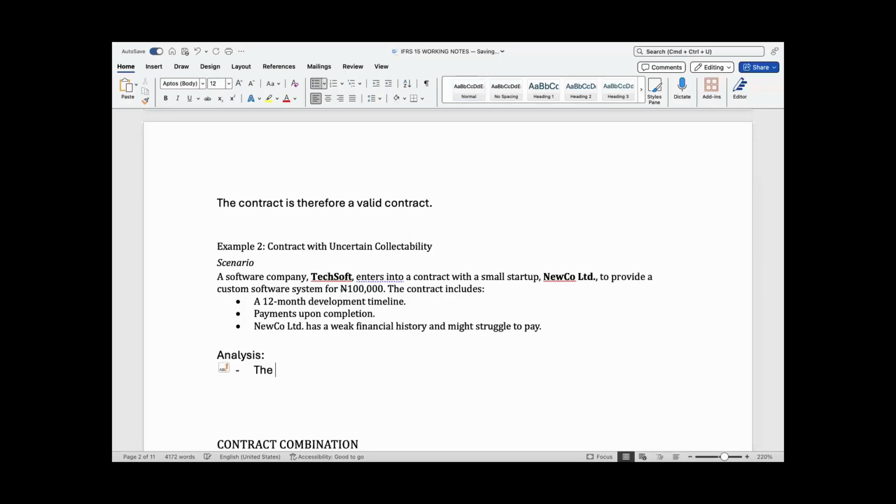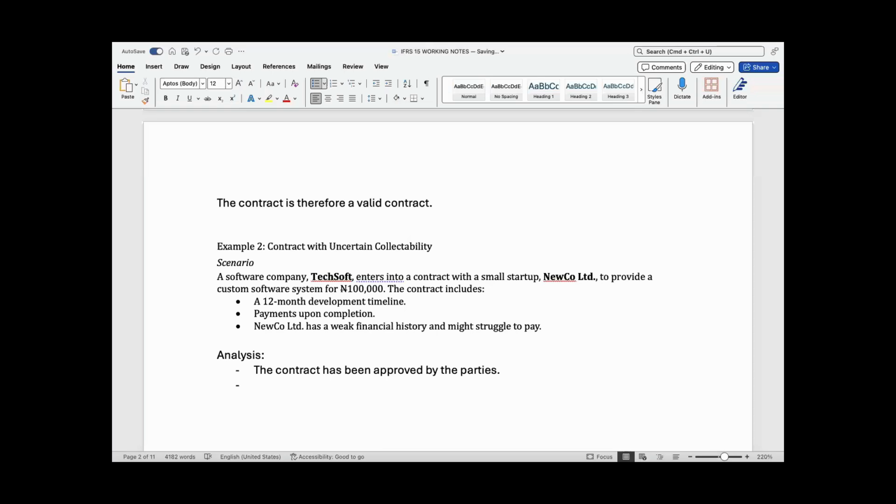I'll say the contract has been approved by the parties. They have approved it because we're told that they entered into a contract. It shows that they are committed to it.